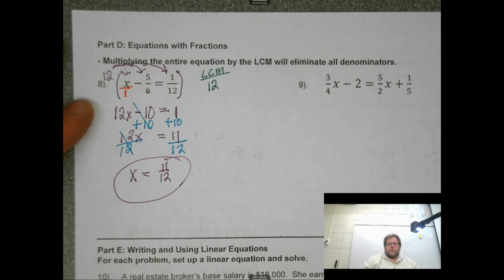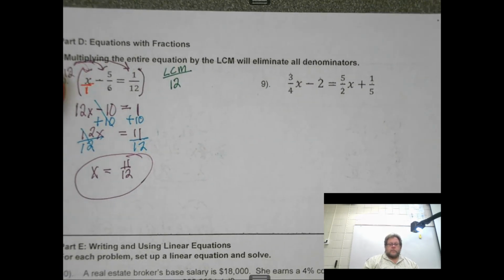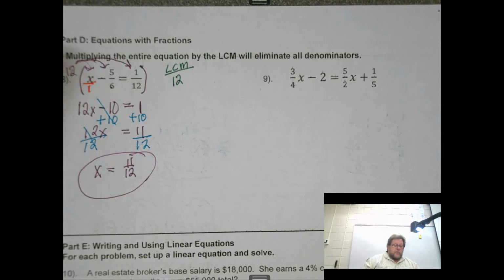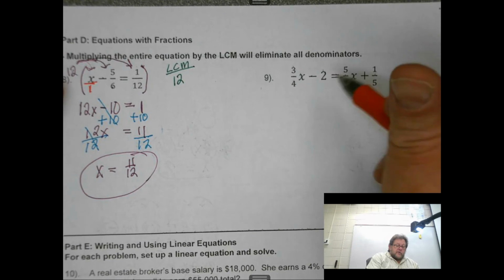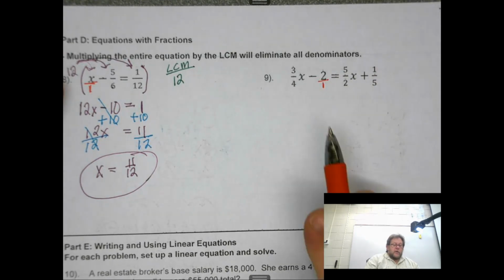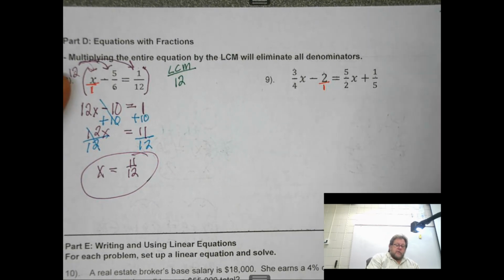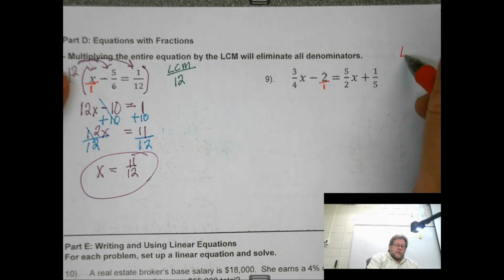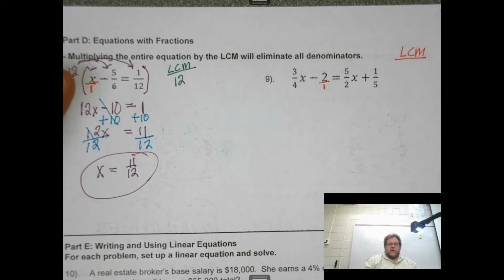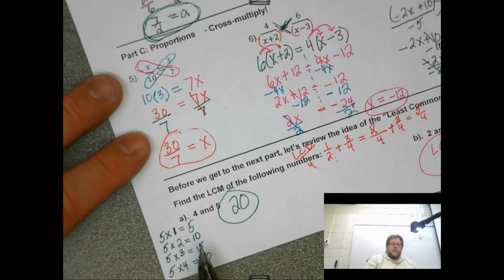Remember, we had 4 and 5, and we knew that the lowest common multiple was 20. So I know that the 4 and the 5 goes into 20. I know 1 goes into 20. 1 goes into everything. And 2 goes into 4, and 4 goes into 20. So I know 2 works. So my lowest common multiple is 20.